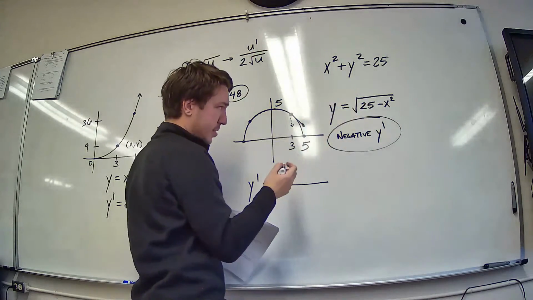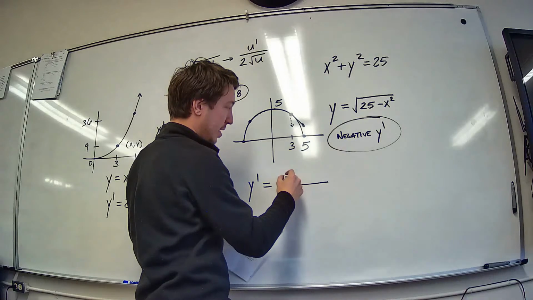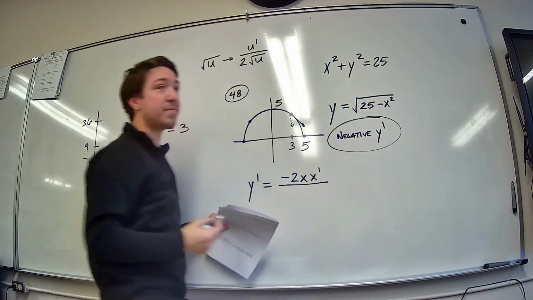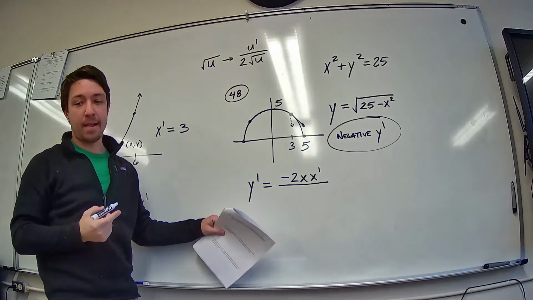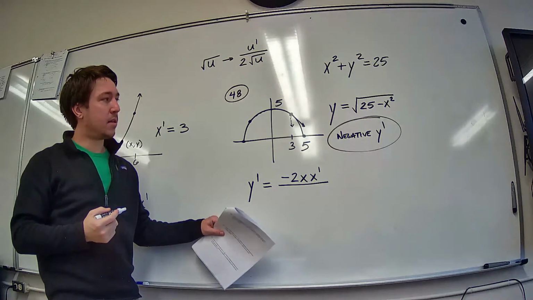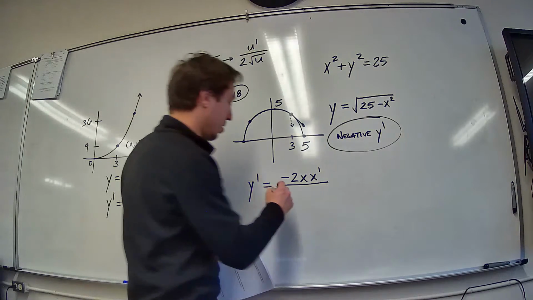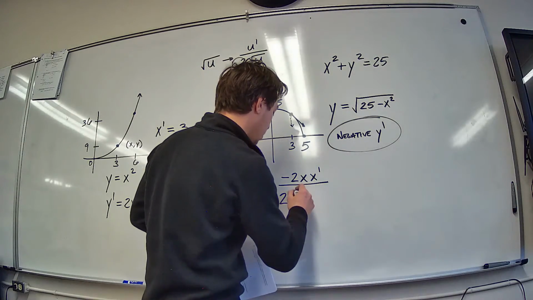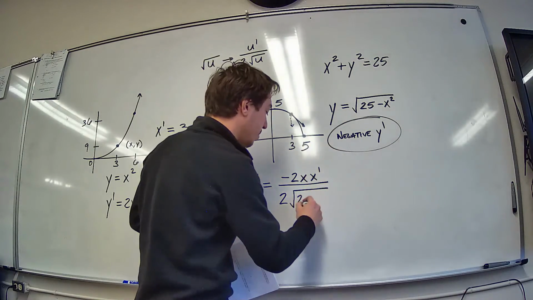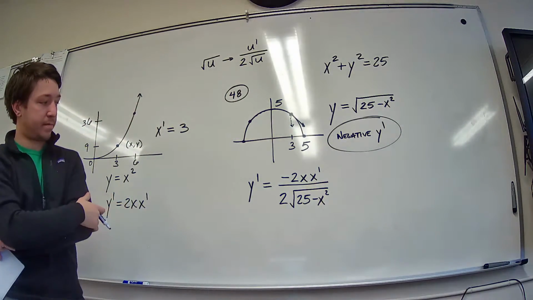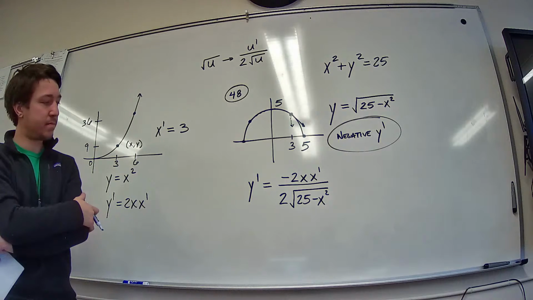So what's our u prime in this case? 2x. Negative. Very good. Don't forget that x prime. That's important. And the 2's cancel, of course.